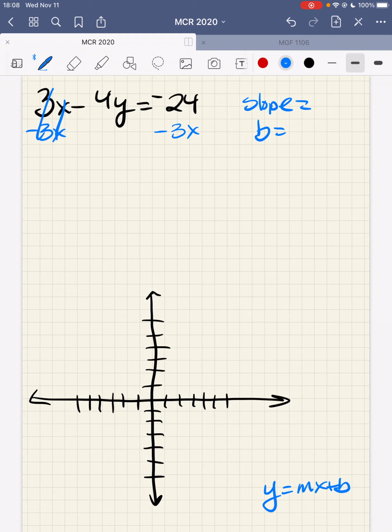I subtract that, I end up with negative 4y is equal to, now I can't combine these two things, 3x and negative 24 are not the same, but I need my x in the front, so I have negative 3x minus 24. From here, I get rid of the coefficient and the sign in front of the y by dividing by negative 4.